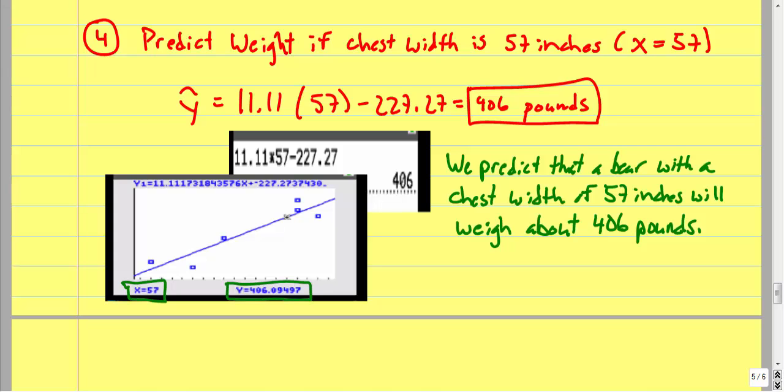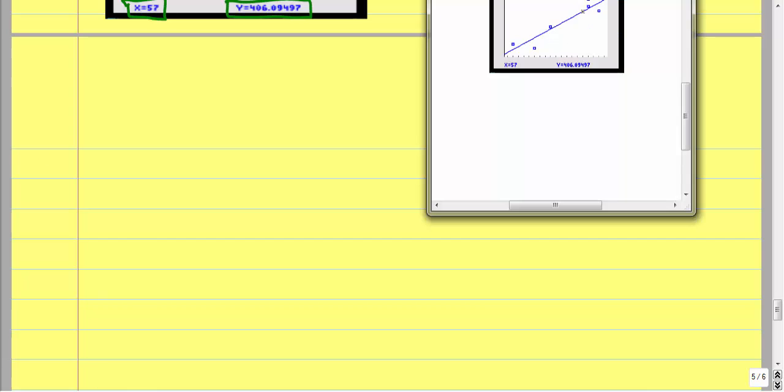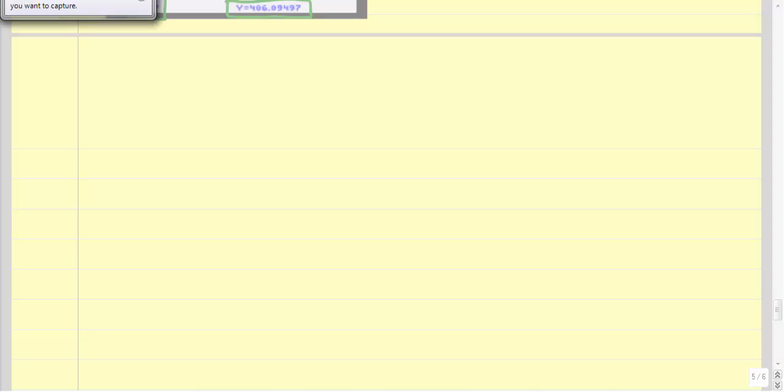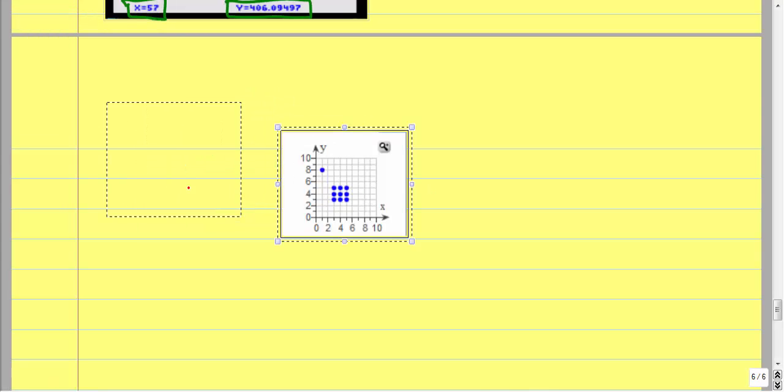Okay, let's go ahead and look at another example. This example I'm not going to run through in its entirety, but it might cause a little bit of confusion when you get to it, so I want to make sure you know how to get started with it. For this example, they ask you to look at a scatter plot of data, and they ask you to find the regression equation for all 10 data points.